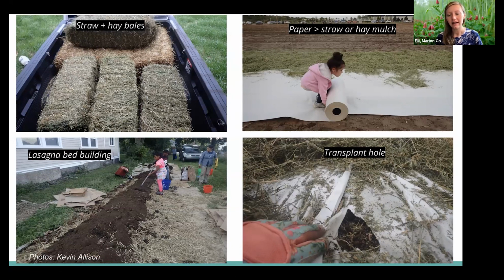So adding that layer really helps with any small weed seeds that want to emerge, and gives you a little bit longer in the season before weeding. And then you'll add usually between 2 to 4 inches of hay on top of that, if possible, and then transplant directly into both of those layers.